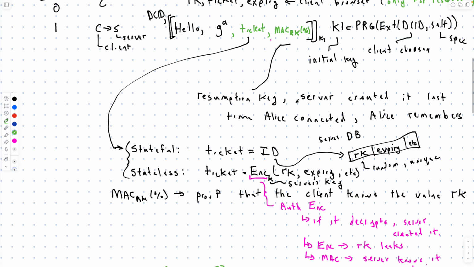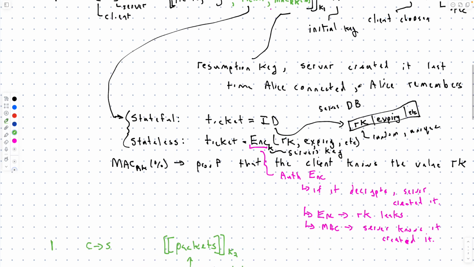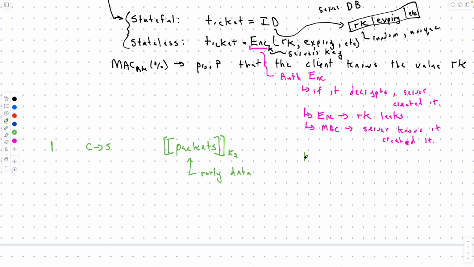And the encryption that we're using, K2, is going to be derived from the resumption key. So we don't generally use the resumption key directly, and normally we pull out two keys, one for one direction and one for the other direction.